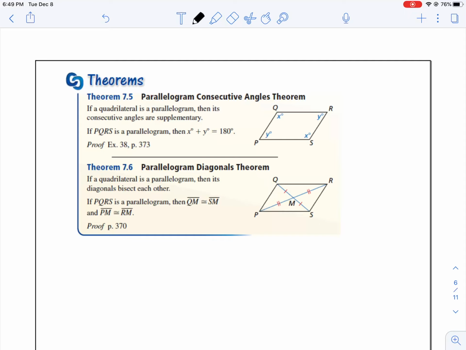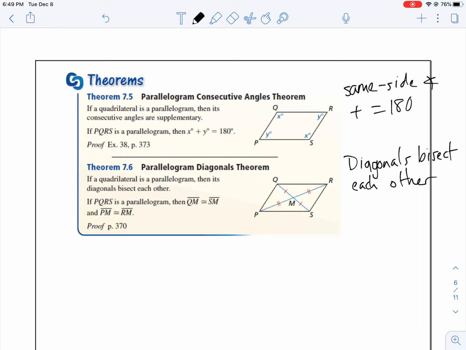Now, something else happens here, and that's that the same side angles add to equal 180, and also that our diagonals bisect each other, which creates 2 equal halves. As you see here, since this bisects and this bisects, we get this half and this half are equal.